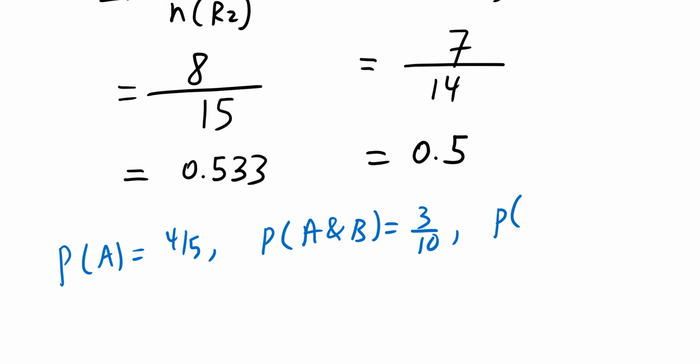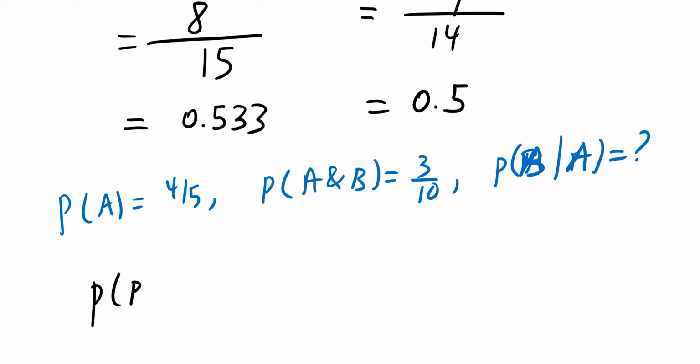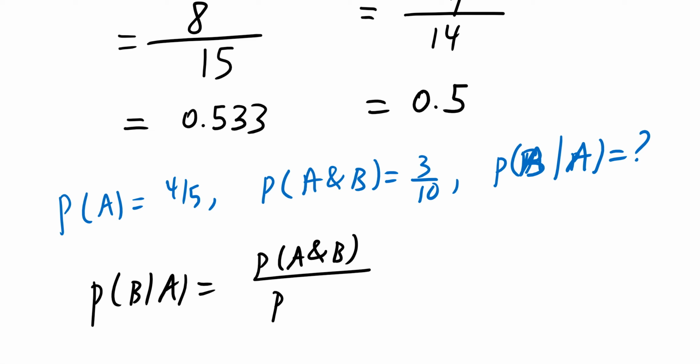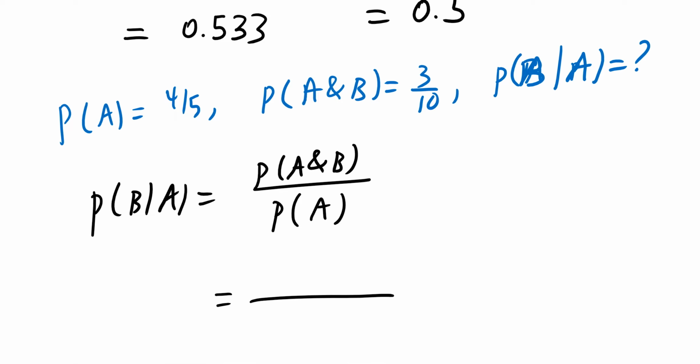What's the probability of B given A? To find that, the probability of B given A is the probability of A and B divided by the probability of A. The probability of A and B is given as 3 over 10, and the probability of A is given as 4 over 5.